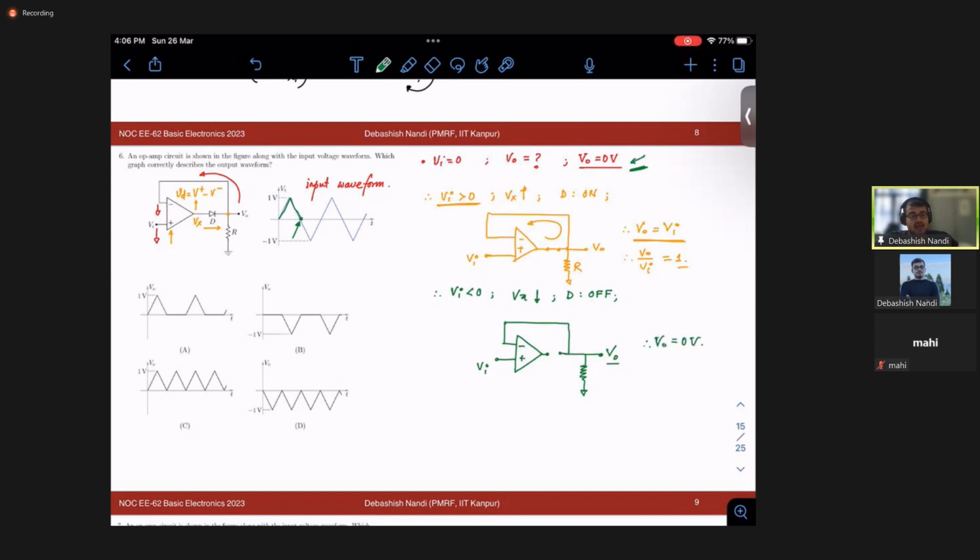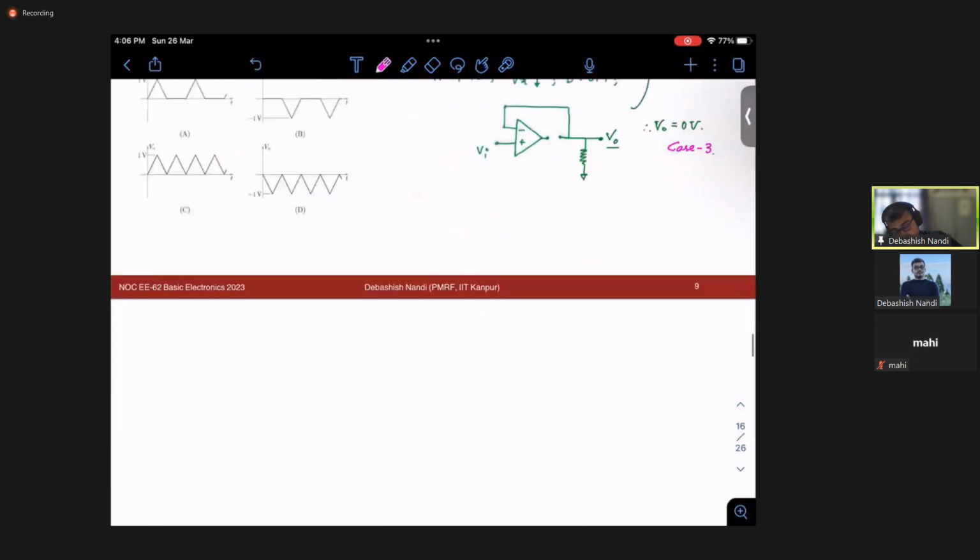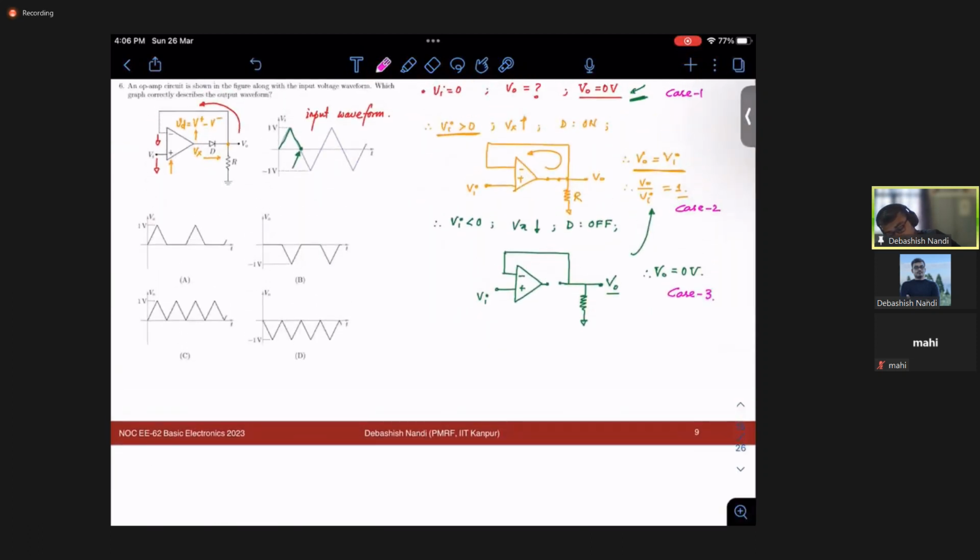As soon as I am again in the positive cycle of the input, it will switch back to this. So what is happening basically? Let's say this is case 1, this is case 2, this is case 3.